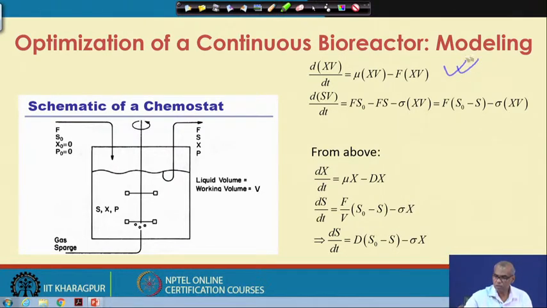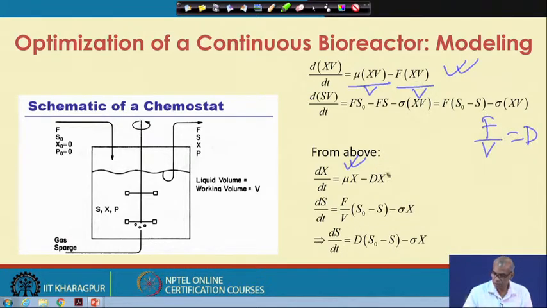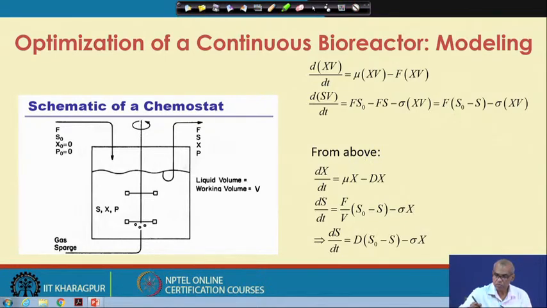So, you can take out V from this equation, and then if you take out V, this part will be divided by V, this part will be divided by V. So, you will get mu x here and you will get F by V here, which is D. So, that is why you get Dx here. So, this is how you get the dx/dt equation.